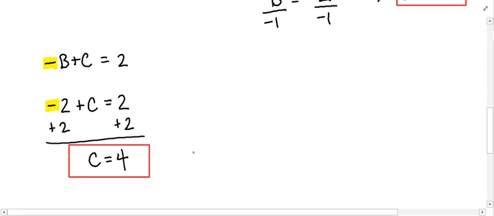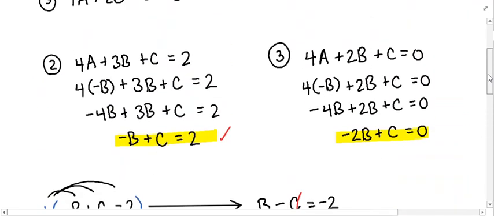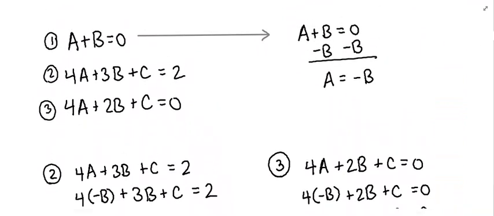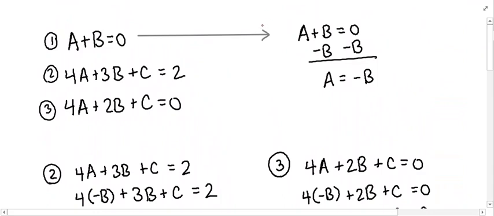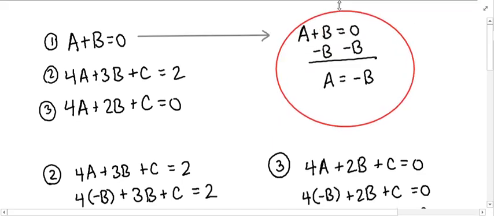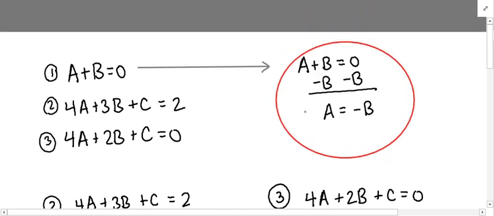Okay, so here we go. Going back up, what do we know about a? Well, boom, we know this. Earlier when we were working with this, we know that a has to be equal to negative b. That has to be true.